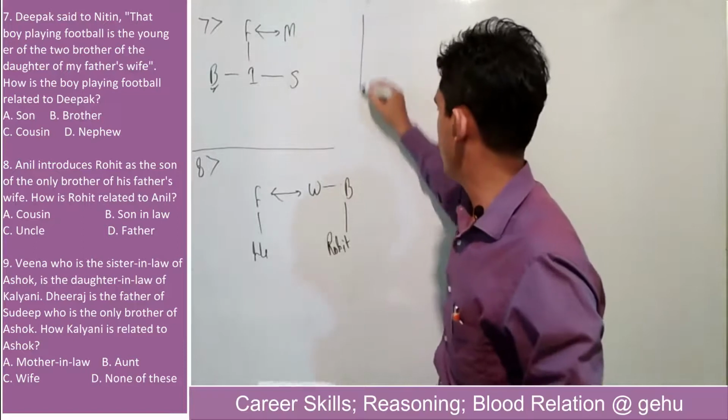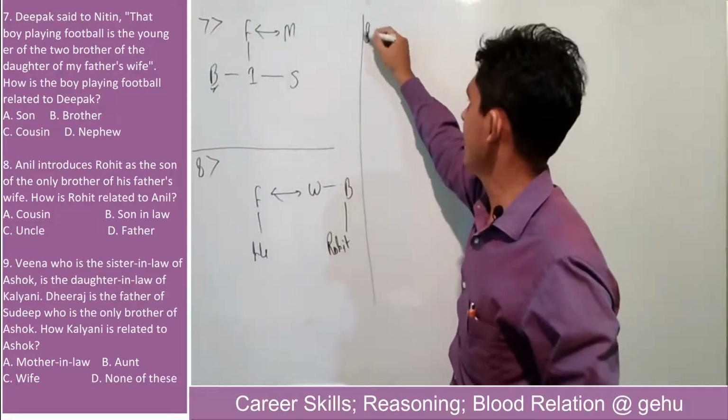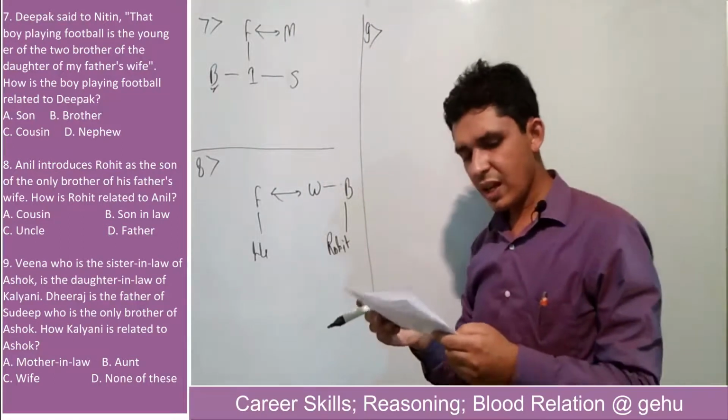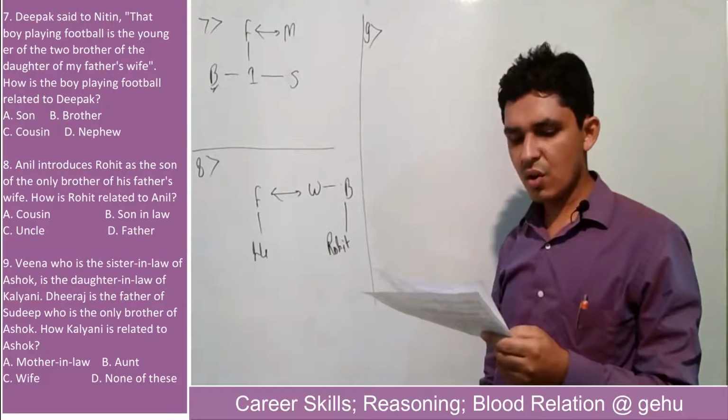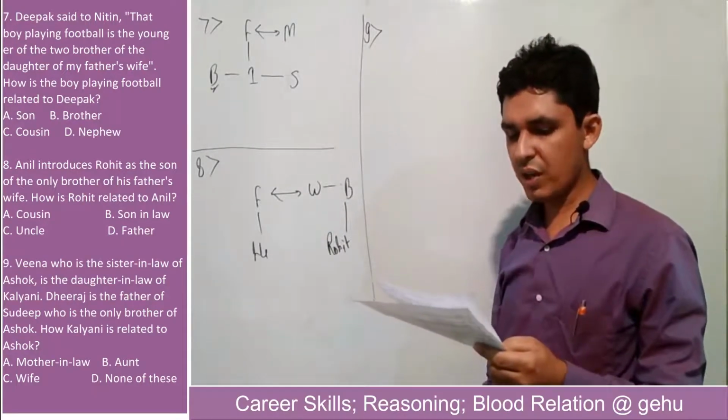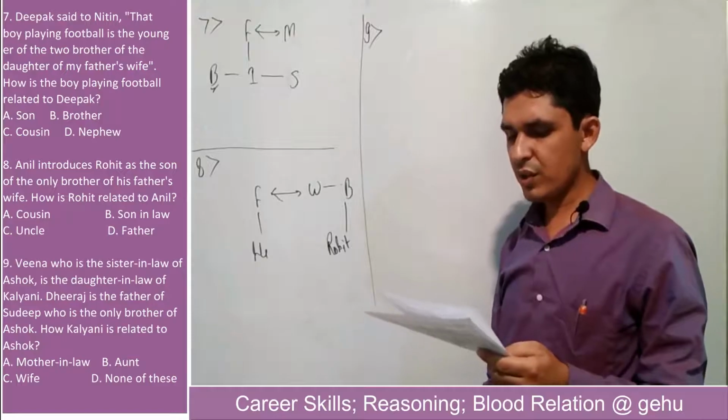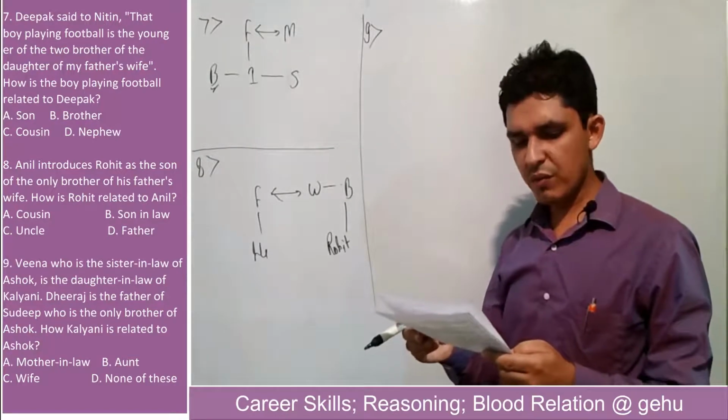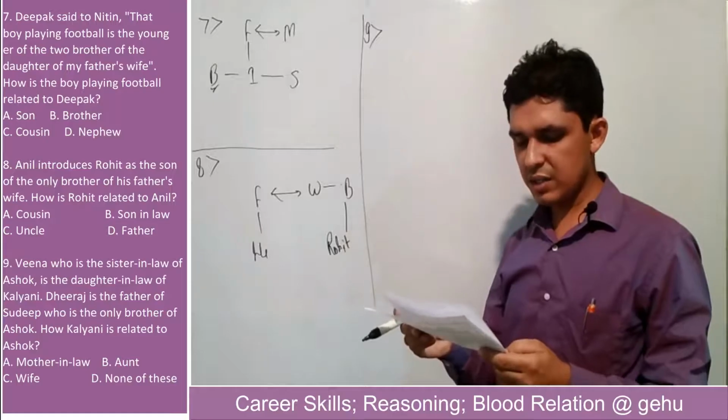Okay, coming to question number 9. The question is, Veena, who is the sister-in-law of Ashok, is the daughter-in-law of Kalyani. Dheeraj is the father of Sudeep, who is the only brother of Ashok. How is Kalyani related to Ashok?